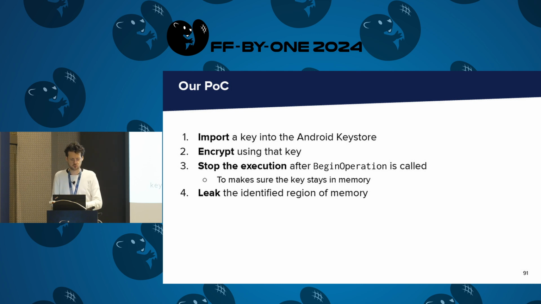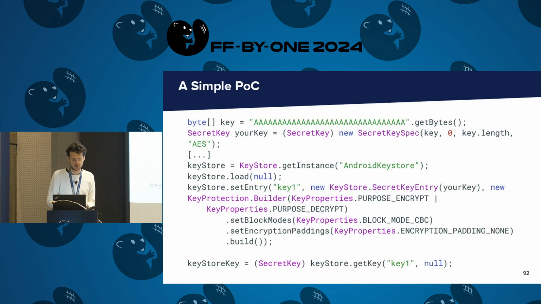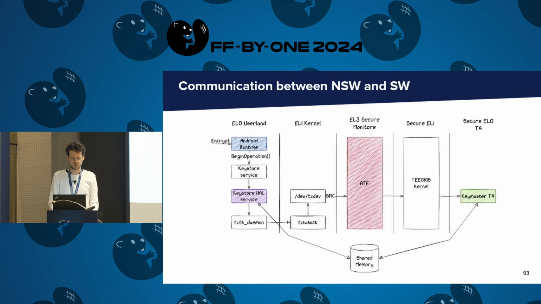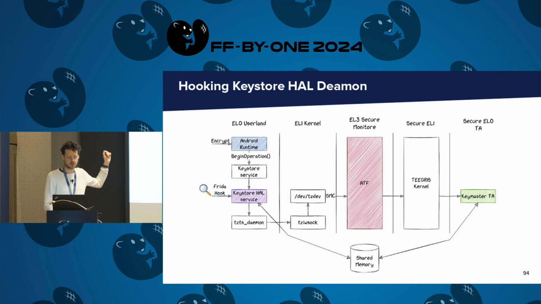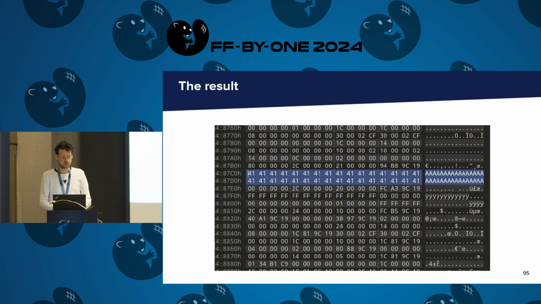So translated to code, this is something like this. We are importing actually a key that we already know. We will explain later why. But obviously any key can be leaked. So going over the same schema again, we hook the keymaster HAL to intercept the execution right at the moment where we can leak, and then when we actually do the leak, we see the key appearing in the buffer that we read.